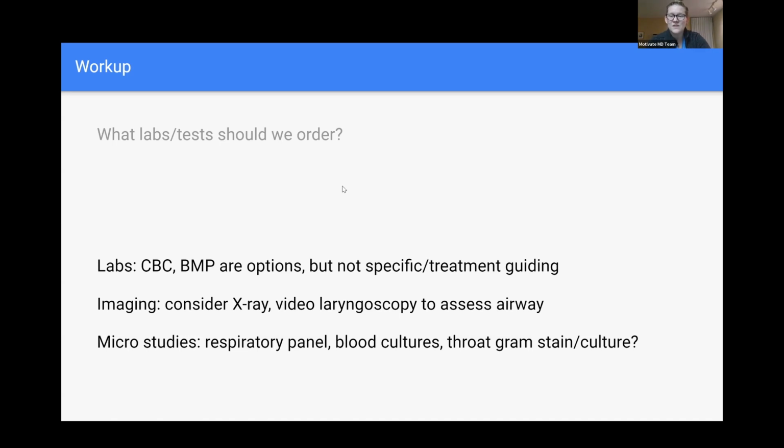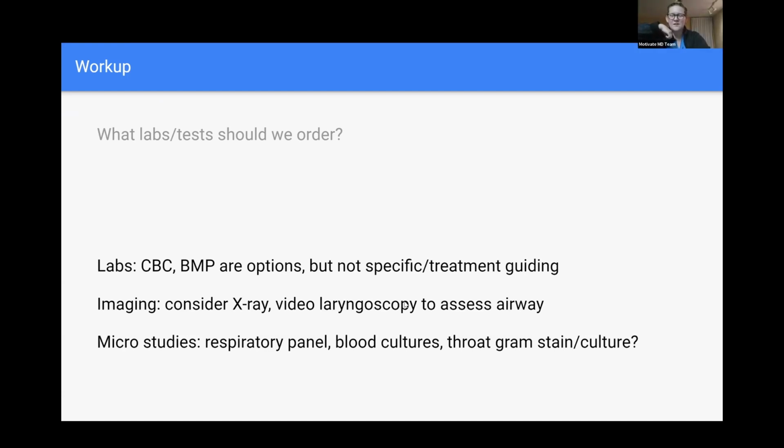The things that might be more specific for teasing out which diagnosis on our differential is the correct one are things like an X-ray, other imaging like a video laryngoscopy, which is, I would say, not actually done very often. It's like inserting a little microscopic camera on a cord that they put down your nose, and it just sits right in your airway.